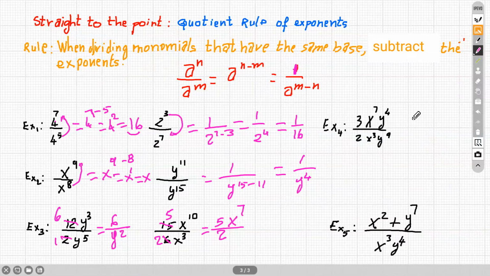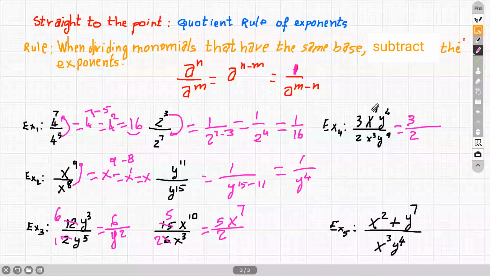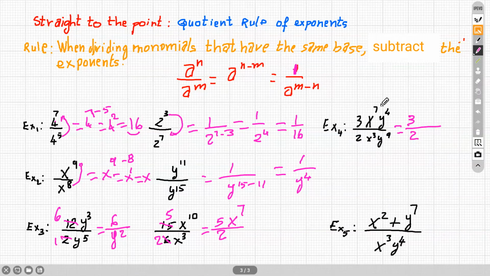Now, example 4. I'll check the numbers 3 and 2. It's already in the simplest form, so I don't need to do anything with 3 and 2 anymore. Now, between x to the 7 and x cubed, I would subtract 3 at the top. I will move this 3 at the top, so I will not have any more x in the denominator.